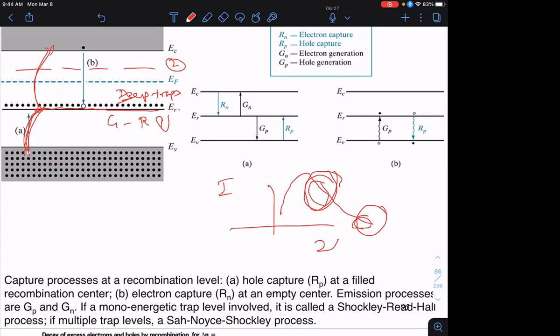So this mid-gap trap, there's still a question pending for you guys. If I had a trap which was near the middle of the gap, which I call trap type 1, versus shallow traps, which I call trap type 2, which type of trap do you think is more effective in generation recombination type processes? 1 or 2?